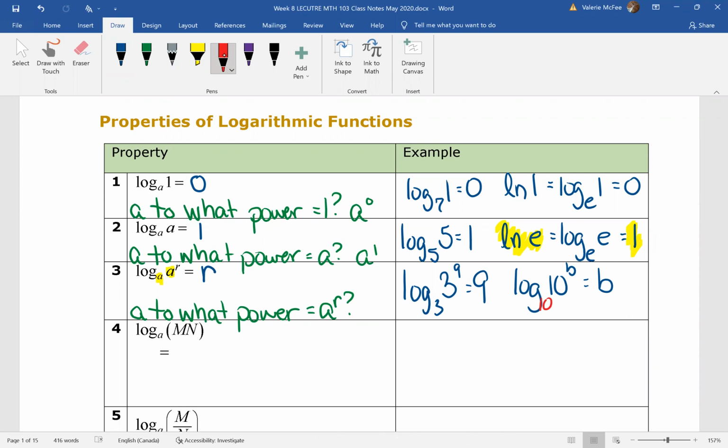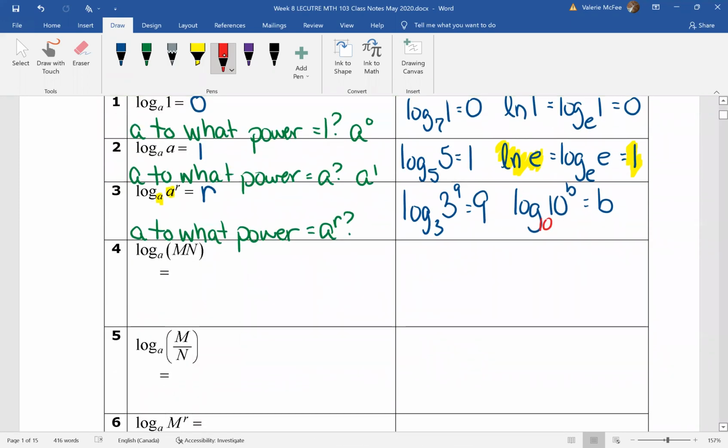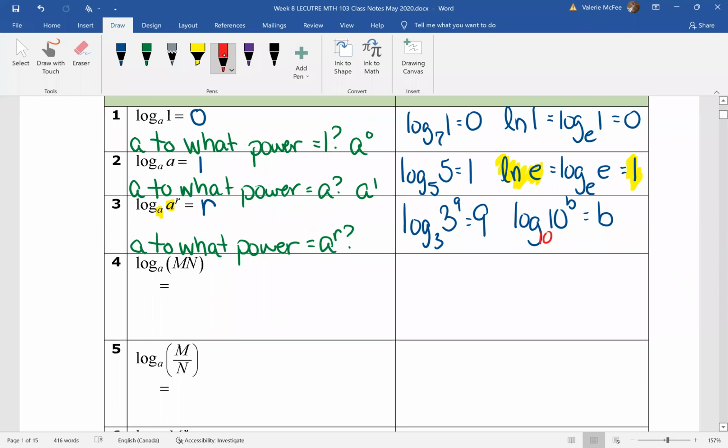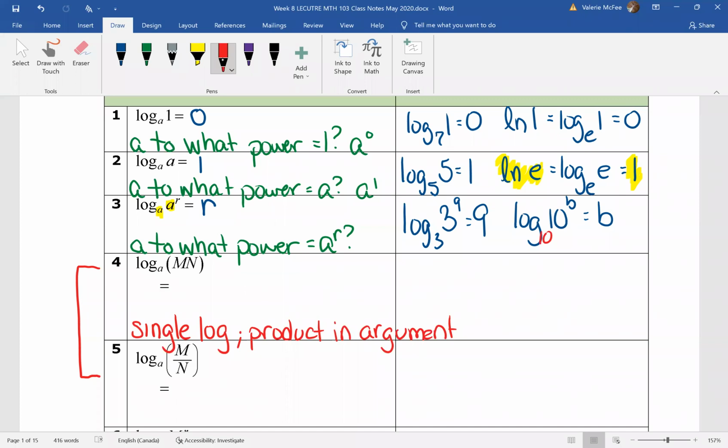We'll look at properties 4 and 5 together here and then stop this lecture. People get confused with these two, and I want you to pay attention because they're similar. Notice that we have a single log with a product in the argument. Whenever you see a single log with a product in the argument, the properties of logarithms tell us that we can write this as the sum of 2 logs.